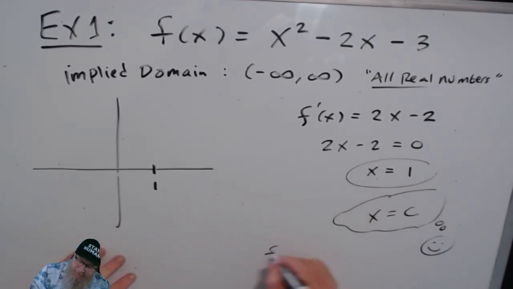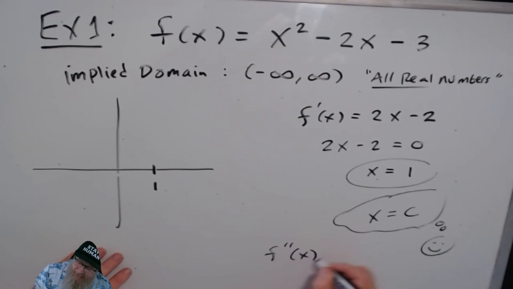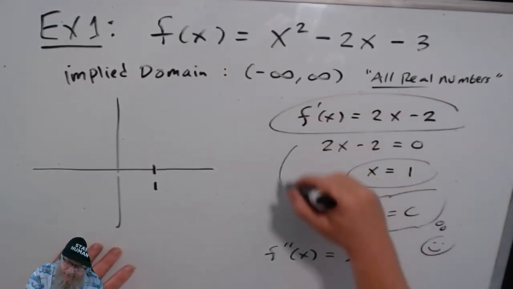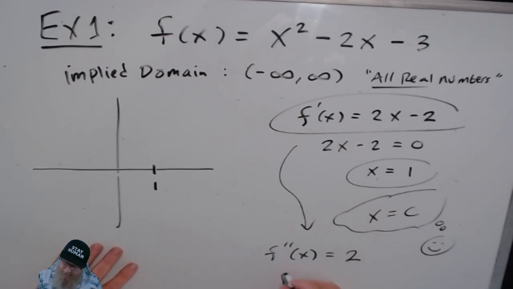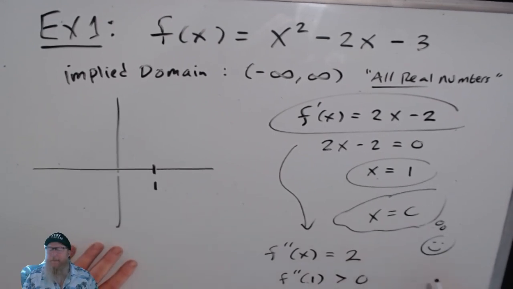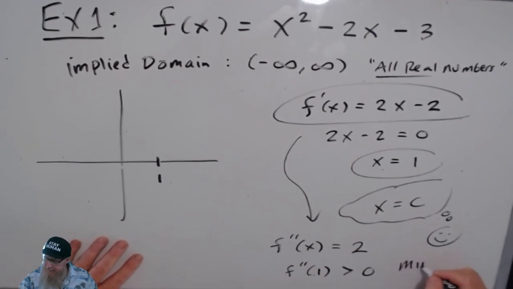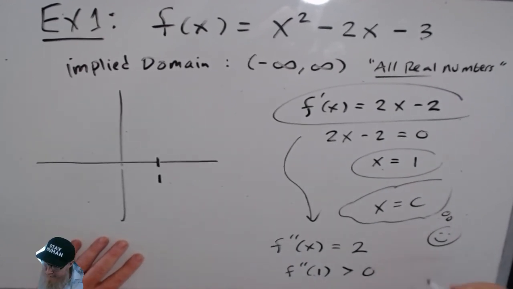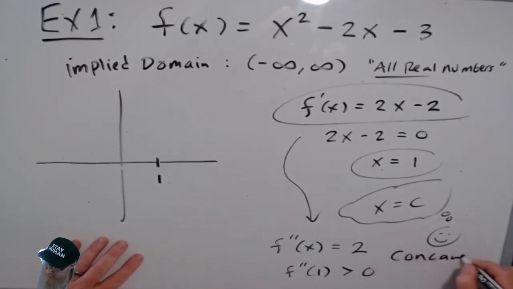f double prime of x is just 2. So f double prime of x is positive, so that means it's a min. Yeah, concave up.